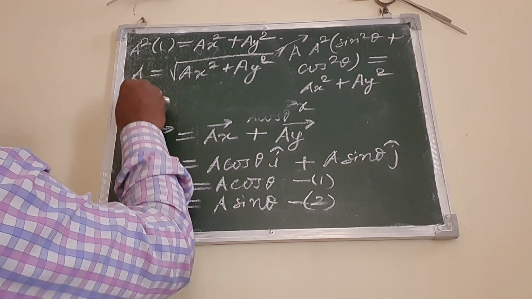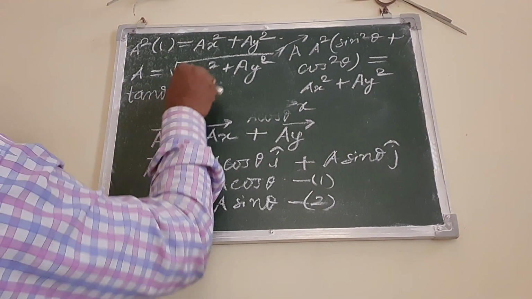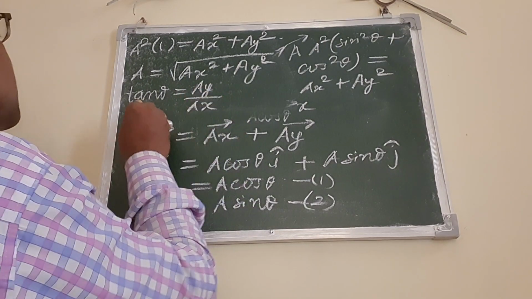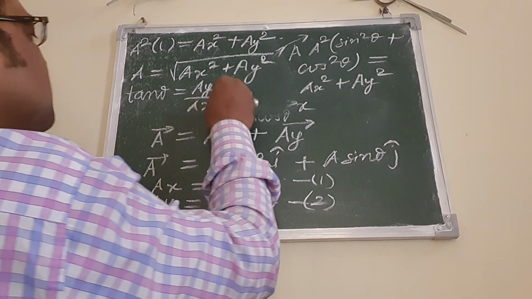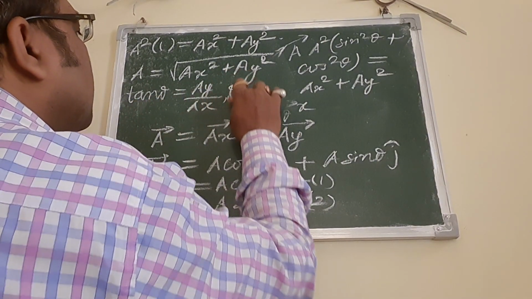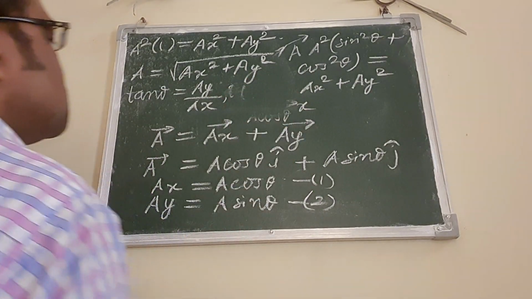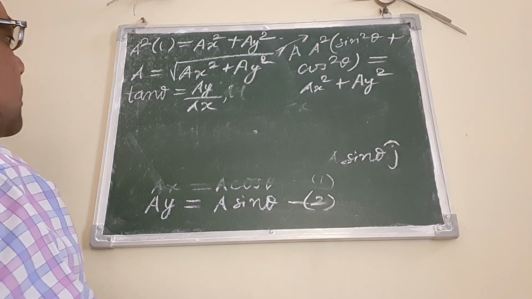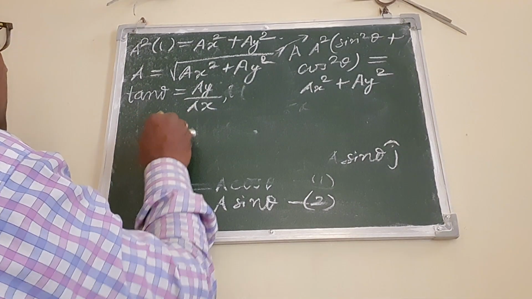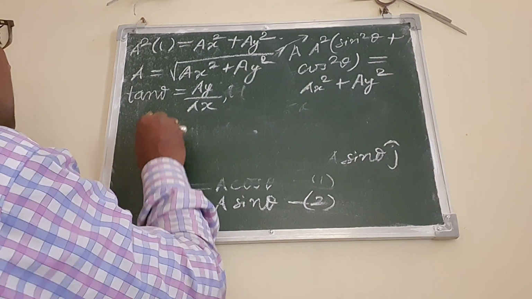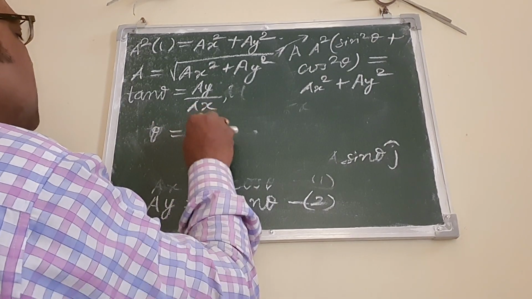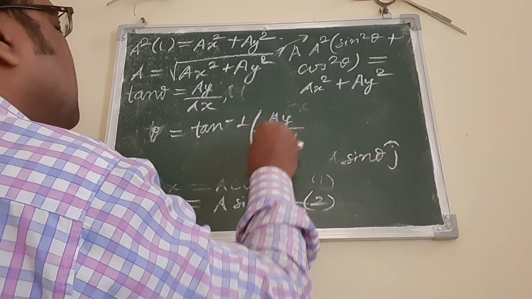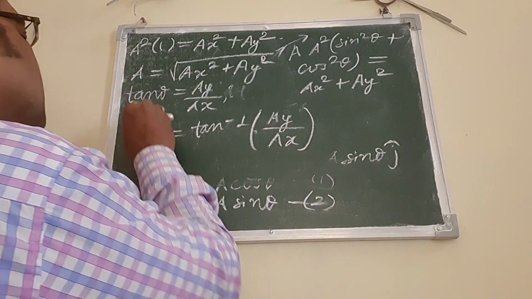Tan theta will be Ay upon Ax. So theta becomes equal to tan inverse of Ay upon Ax.